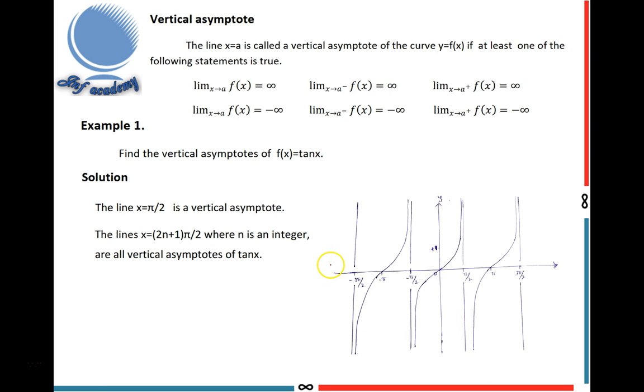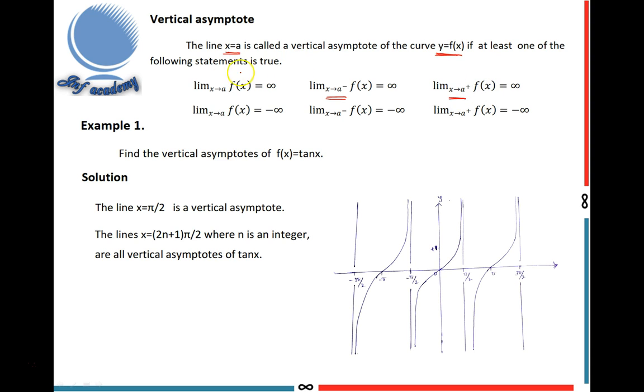Next, let us discuss what a vertical asymptote is. The line x equal to a is called the vertical asymptote of the curve y equal to f of x if at least one of the following statements is true: limit x tends to a of f of x equal to infinity or minus infinity; limit x tends to a minus of f of x equal to infinity or minus infinity, where a minus means the left hand limit at a; or limit x tends to a plus of f of x equal to infinity or minus infinity, meaning the right hand limit at a.